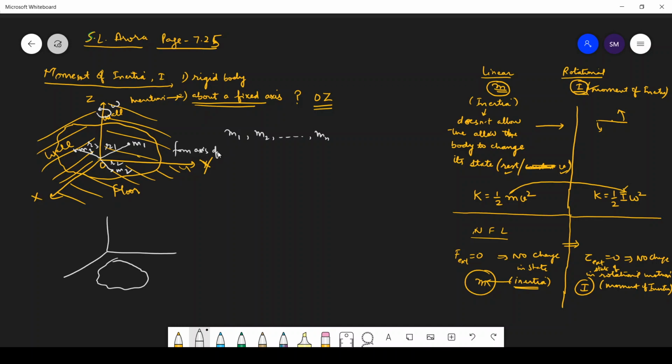Obviously in the xy plane you have point O, the origin, which lies on the axis of rotation. The distance of m1 is r1, the distance of m2 is r2, and so on up to rn.